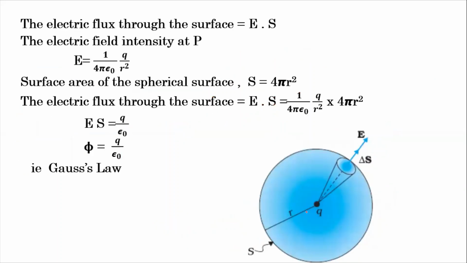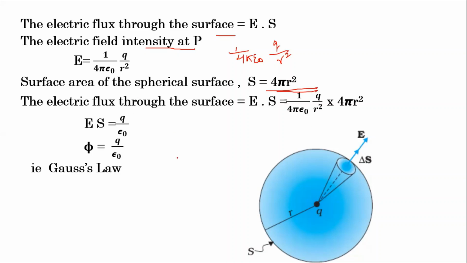Now the proof of Gauss law. You know that the electric flux through the surface is given by E dot S or E dot ds. In the initial classes, we studied the electric field as 1 by 4 pi epsilon naught times Q upon R square. The surface area of the sphere can be taken as 4 pi R square.